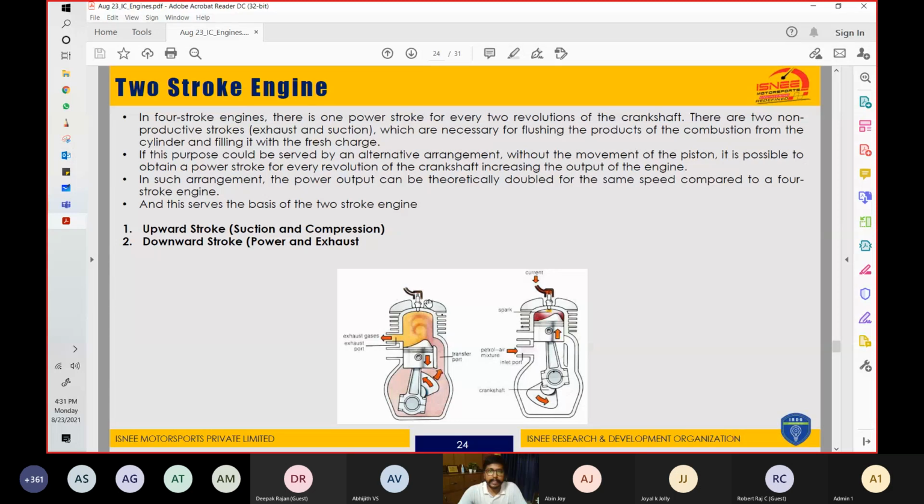So basically, in 4-stroke engines, there is 1 power stroke for every 2 revolutions, as I said earlier also.